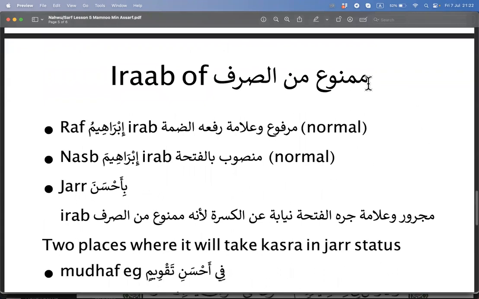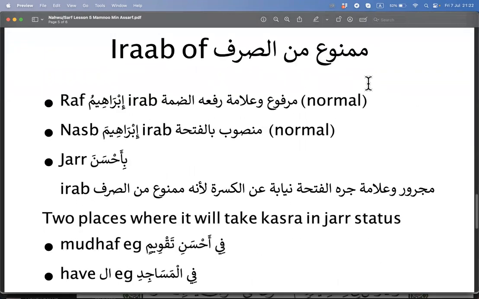So about the i'rab, if it is in rafa, then you say as per normal, marfu' bid-dammah. Exactly. If it's nasb, mansub bil-fathah. If it's jar, what do you say at the jar? Fathah also.